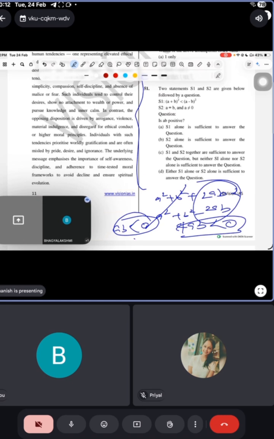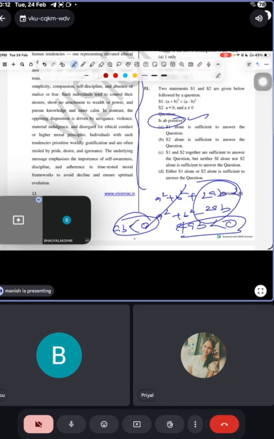So ab is not positive. Did I not tell you that "is" means the answer can be both yes or no? So I got the answer that ab is not positive.